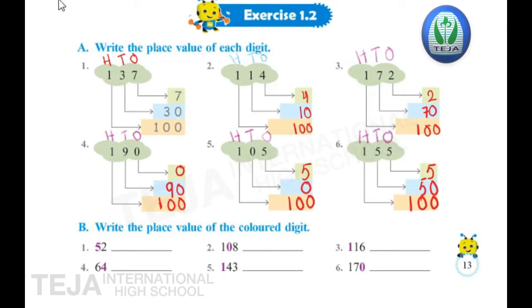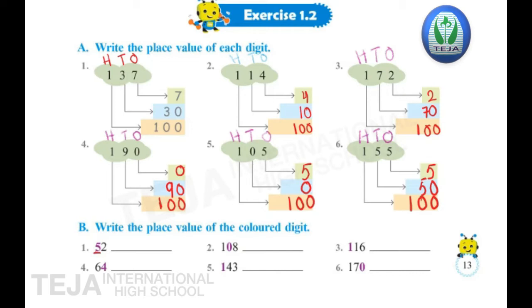Okay. Now next bit, children. Bit B. Write the place value of the colored digit. You have to write the place value of the colored digit. Okay, children. Here the number is colored. In first one, 5 is colored. Here the number is 52. What is the place value of 5, children, here? See, 5 is in which place?